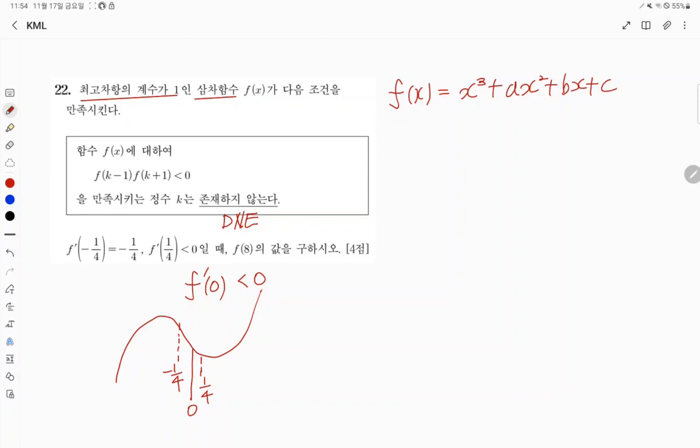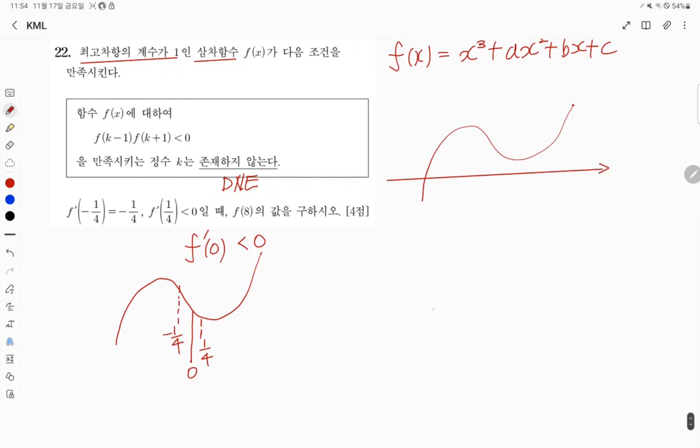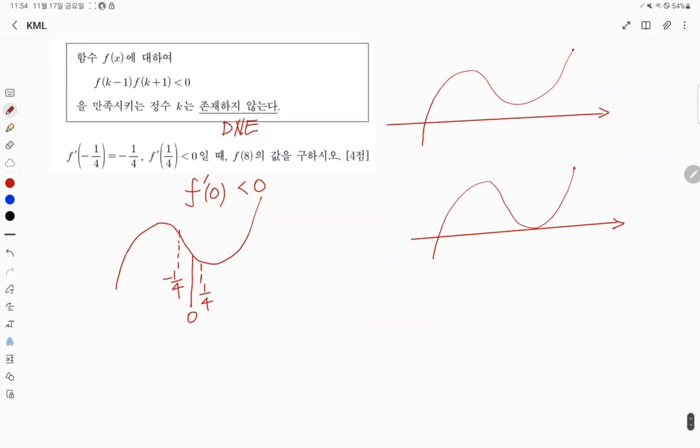And we can think of 5 cases when this graph intersects the x-axis. So the first case is the x-axis is below the local min. The second case is the local min is the x-intercept.